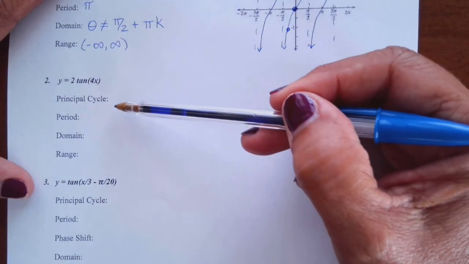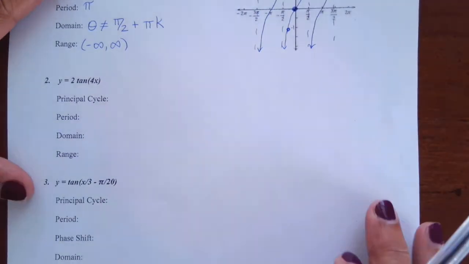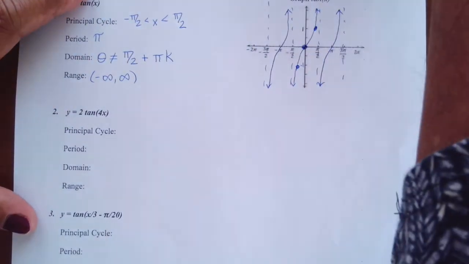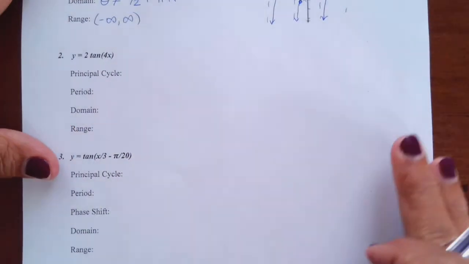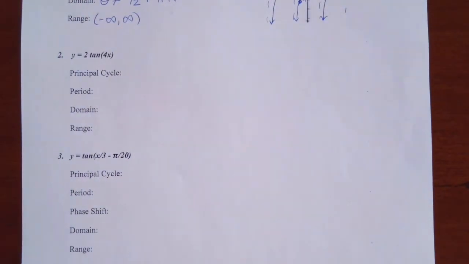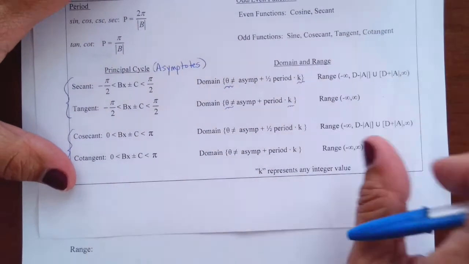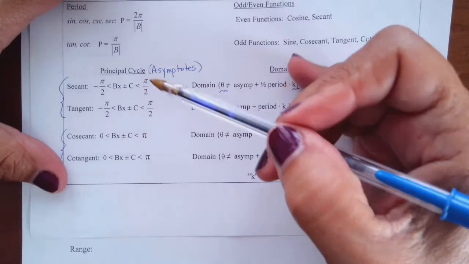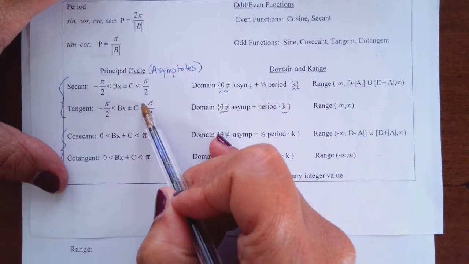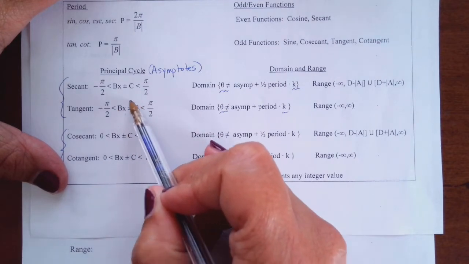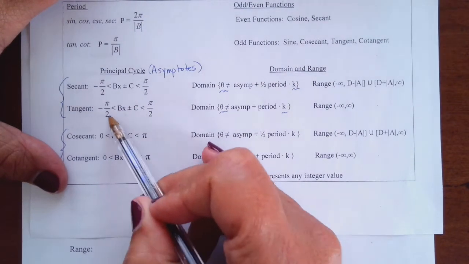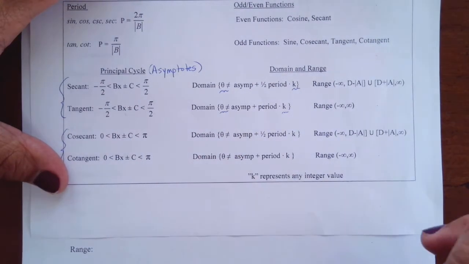So the principal cycle, here's where things change a little bit. Let me get that other sheet out. The very first one we did was just the tangent of x. Now you're going to see that part with x in the middle, that part in parentheses. That's what you're going to set between negative pi over 2 and pi over 2.